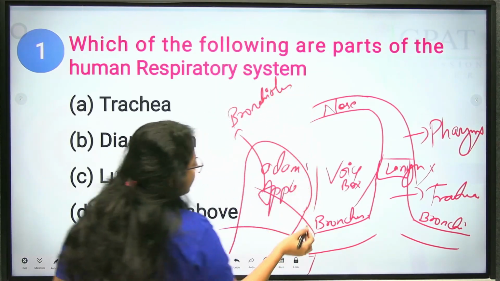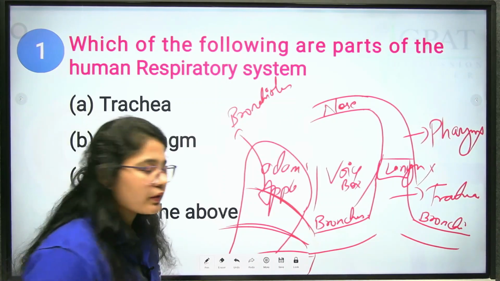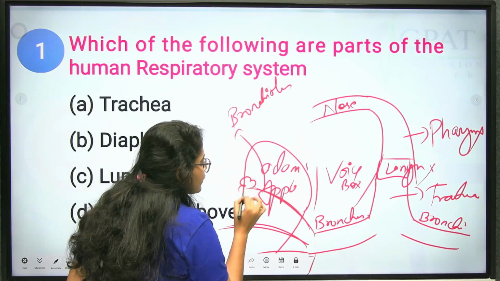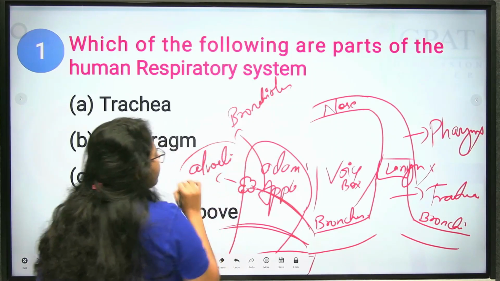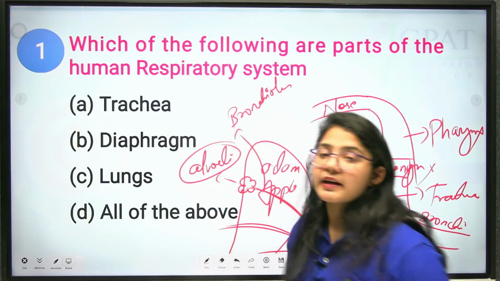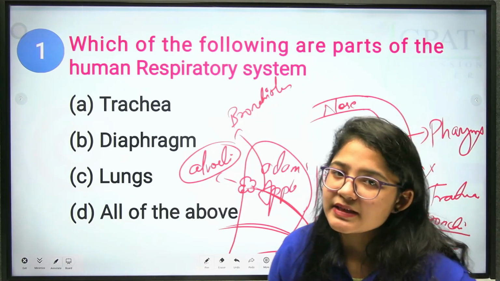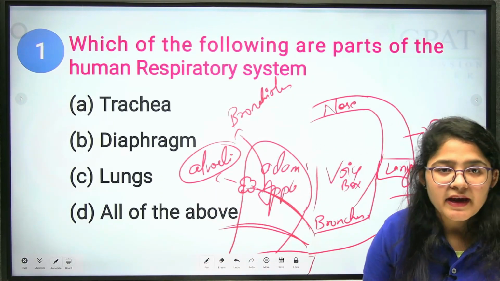You can see these branches are the bronchioles. At the end of the bronchioles we have alveoli, the place where your carbon dioxide and your oxygen are exchanged. So these are the different parts of your respiratory system.